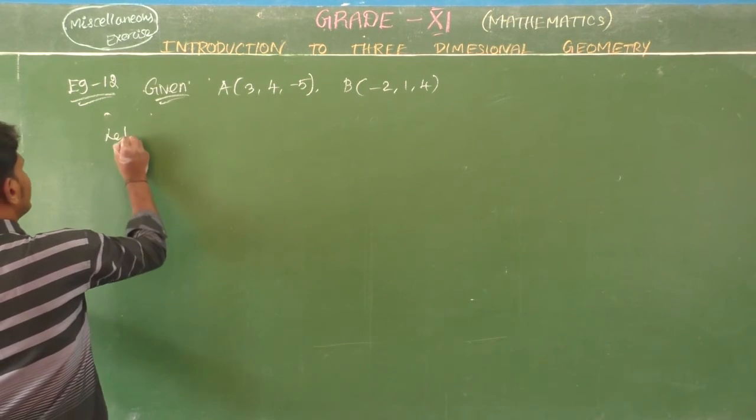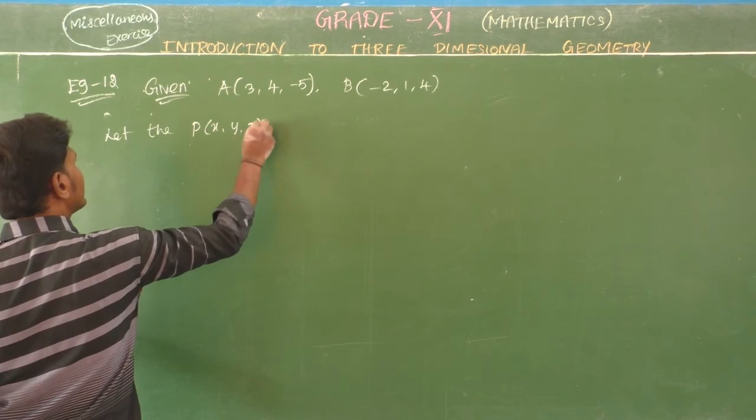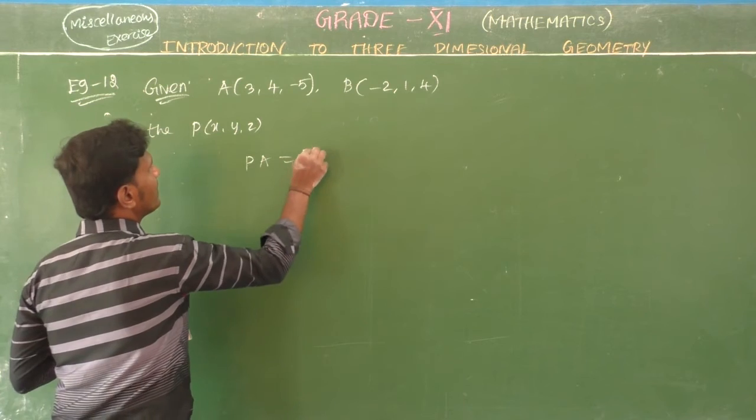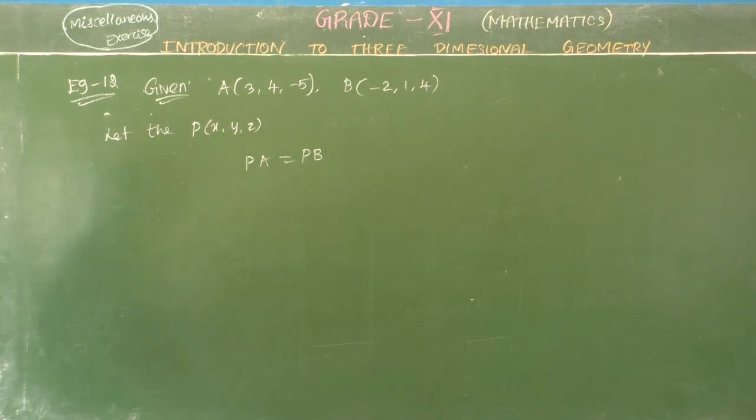So let the point P be x comma y comma z, and the condition given is PA equal to PB, equal distance.